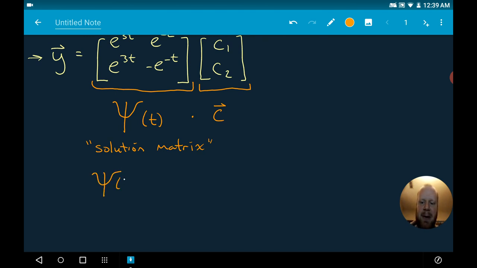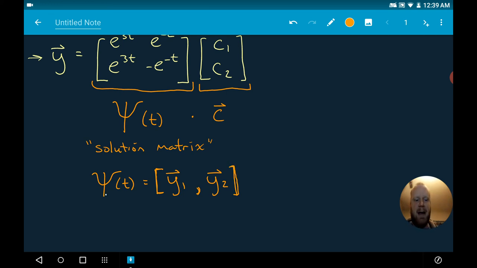This is maybe a little confusing when you see it in your book, but the solution matrix is equal to a set of... so this is not a plus, this is kind of a weird notation here.